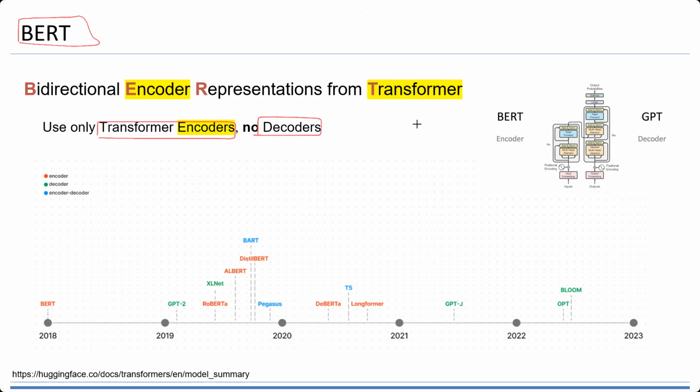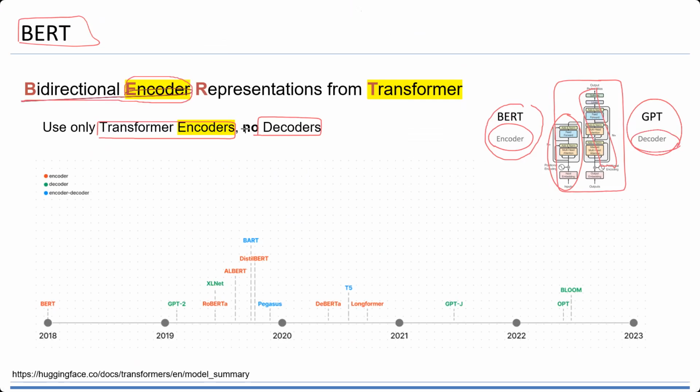If you still remember the architecture of the transformer, we have an encoder and a decoder. So BERT uses only the encoder. Later on, we will learn about GPT. GPT uses only the decoder. So that's the name of BERT, using the encoder, no decoder.